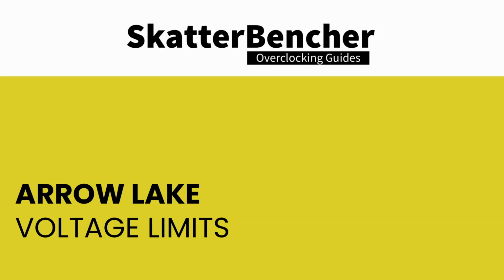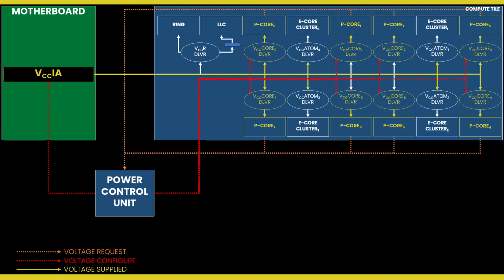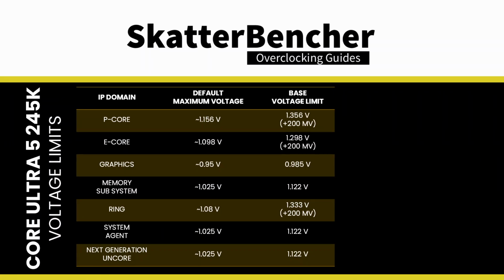To safeguard the processor during overclocking, Intel has, for the very first time, put very strict voltage limits on several components of the Arrow Lake package, including the P cores and the E cores. This voltage limit effectively prevents the cores from requesting a higher voltage from the PCU. By default, the voltage limit for the P cores and E cores is plus 200 mV above the lowest VID for the P cores and the E cores VF.6.